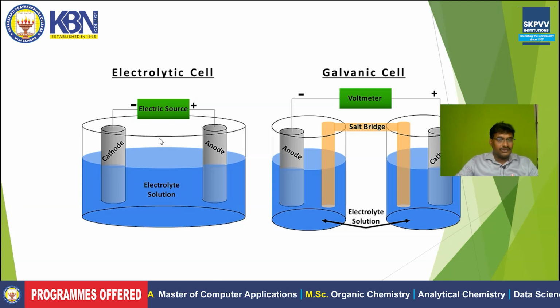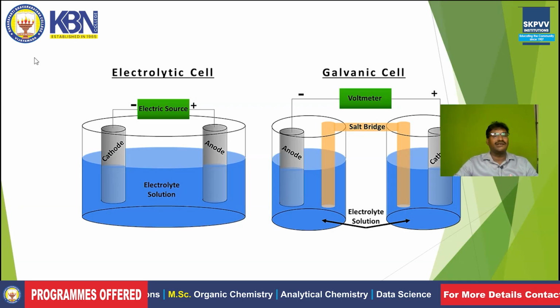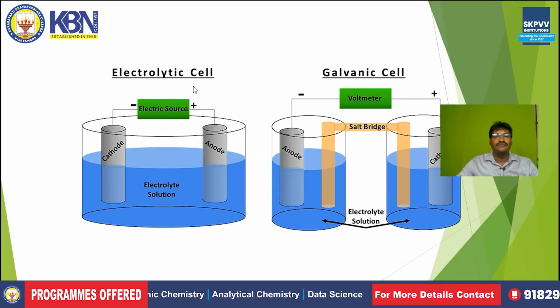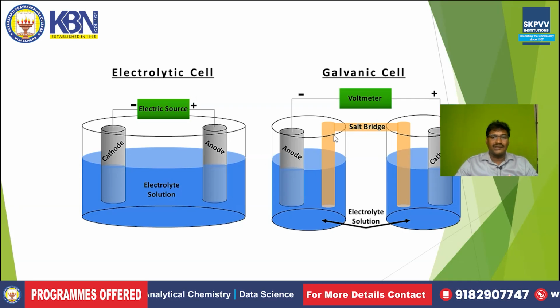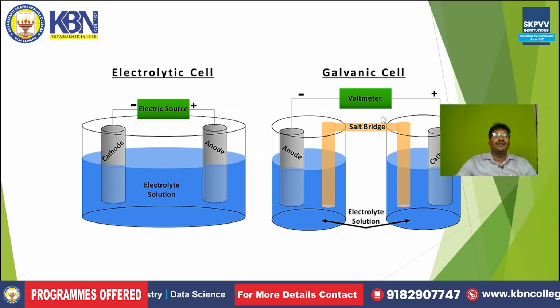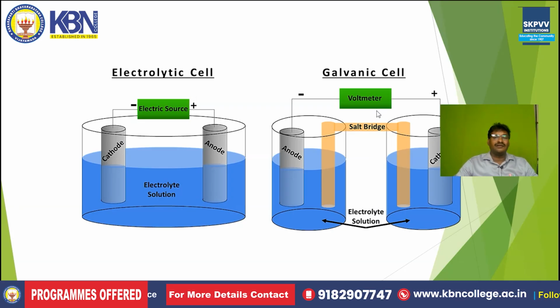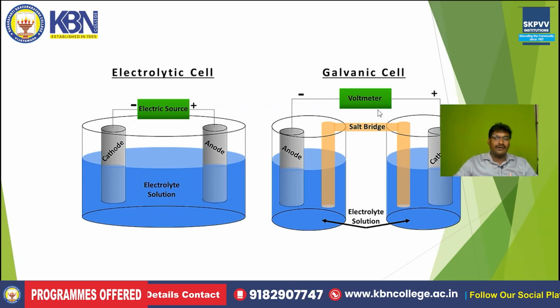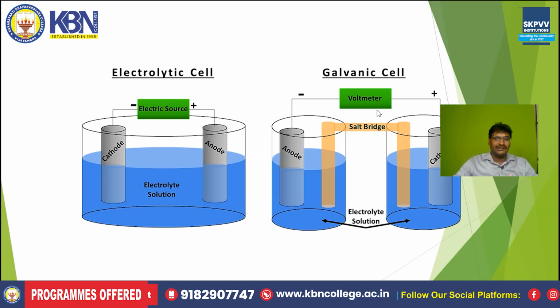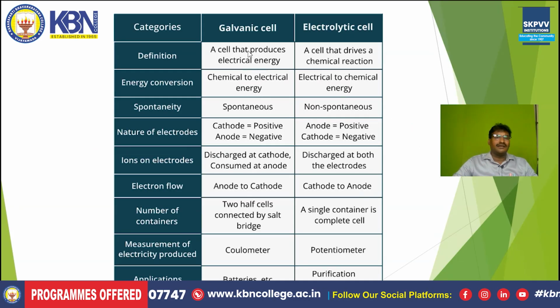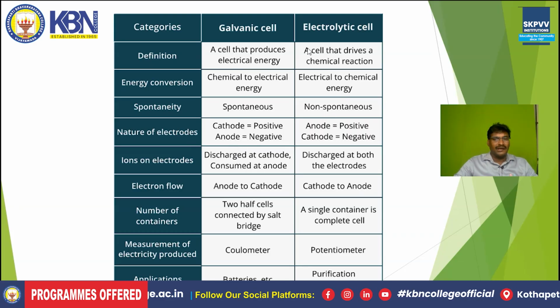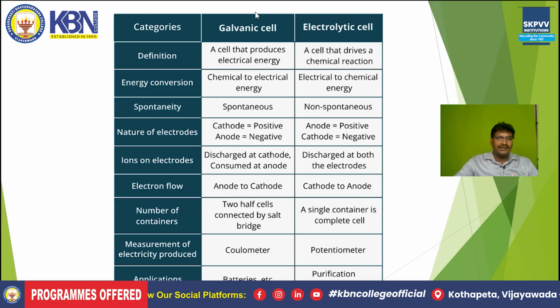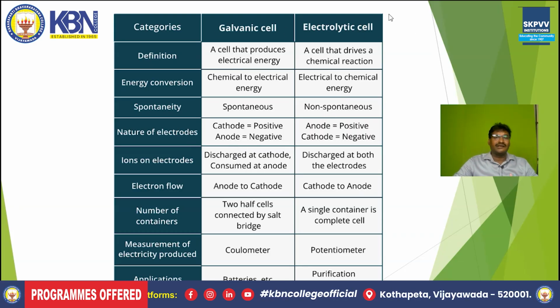The cell which converts electrical energy into chemical energy is called an electrolytic cell. The cell which converts chemical energy into electricity, that is generation of electricity, is called a galvanic cell or electrochemical cell. Here the major differences are between the galvanic cell and the electrolytic cell.